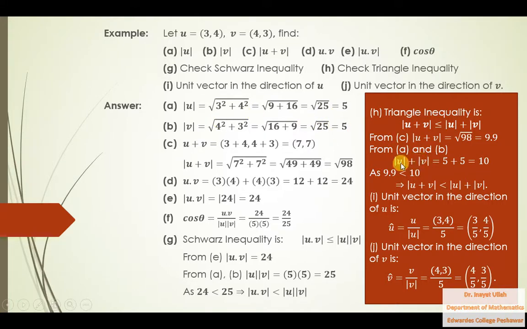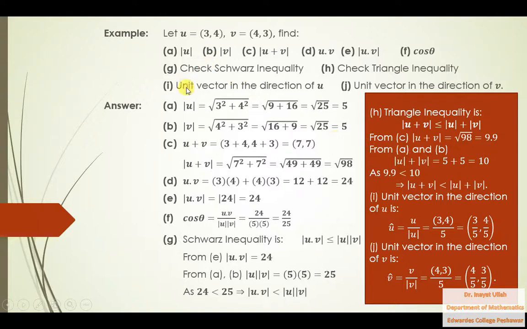So the sum of these two magnitudes is 5 plus 5, which is 10. Now if you look here, 9.9 is less than 10. It means that the magnitude of u plus v is less than the sum of the magnitudes of these two vectors. So that is the triangle inequality.